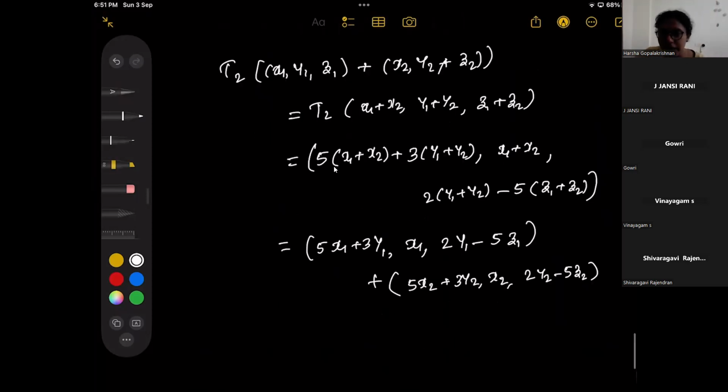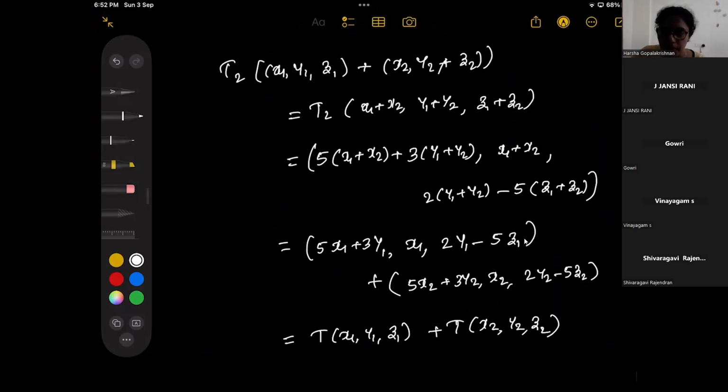I'm just separating it accordingly so that I will get T of x1, y1, z1 plus T of x2, y2, z2. Now you can see this is T of x1, y1, z1. By definition, you can check this is the value T of x1, y1, z1. This is just a rearrangement only. I hope you are following. T of x2, y2, z2.